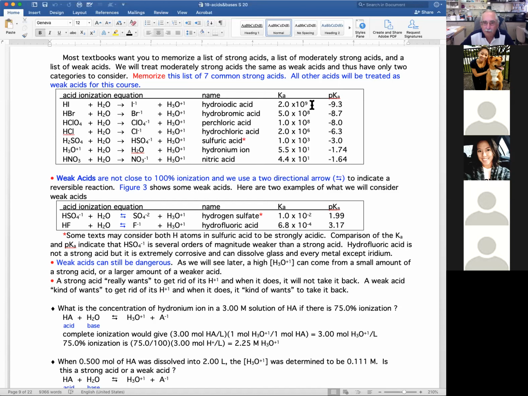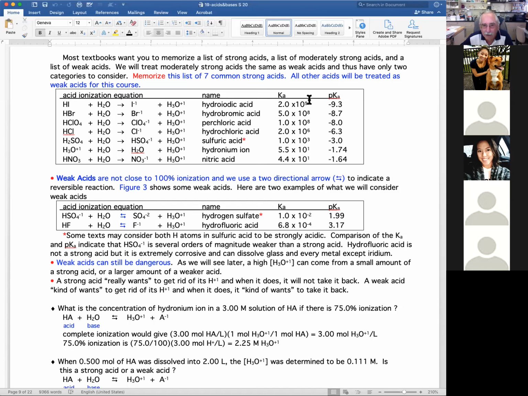Notice that these Ka's are huge, and the pKa's are negative numbers, because these are extremely strong acids. They essentially go 100% to form product. But when you look at the numbers, some interesting things show up.